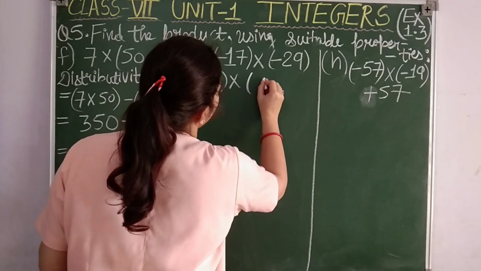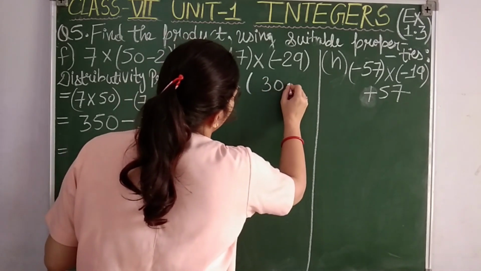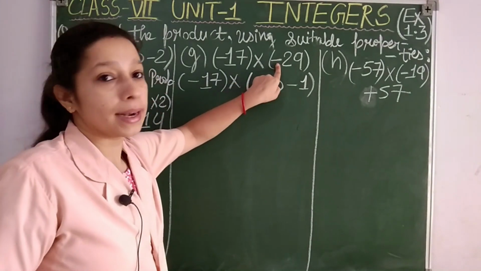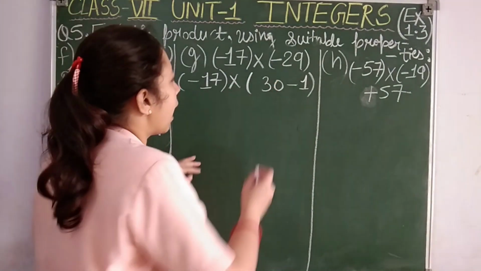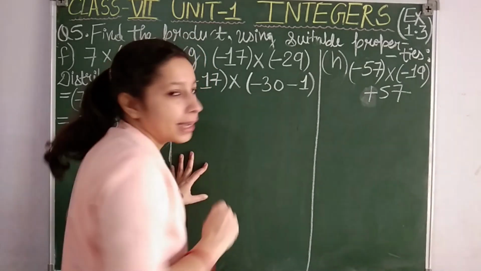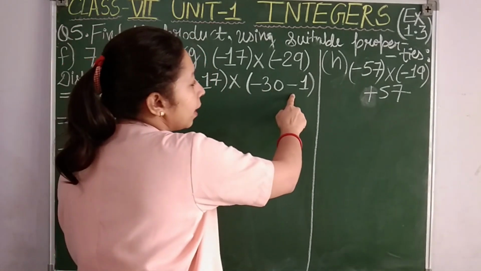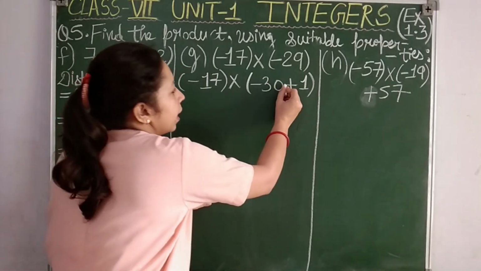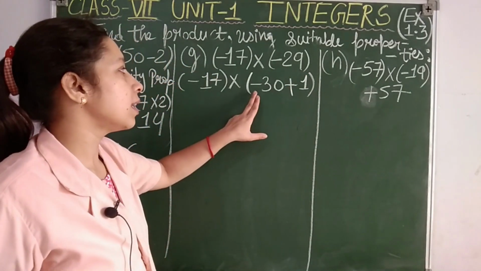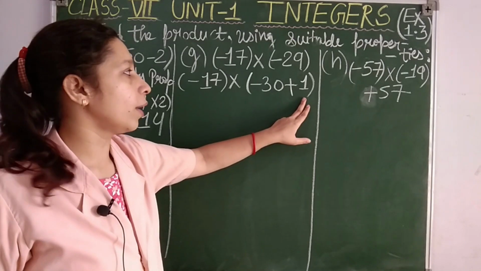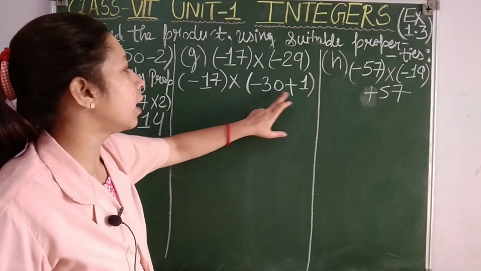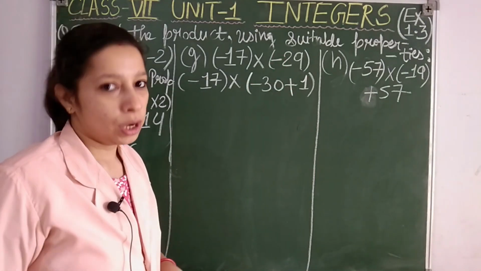For minus 29 I can take 30 minus 1, isn't it students? But here I want to get minus 29. So for this I have to take the greater number with negative sign. So minus 30 minus 1 will come minus 31. But we want minus 29. So here I am going to take plus sign. Now see, minus 30 plus 1 you are going to take as positive integer.